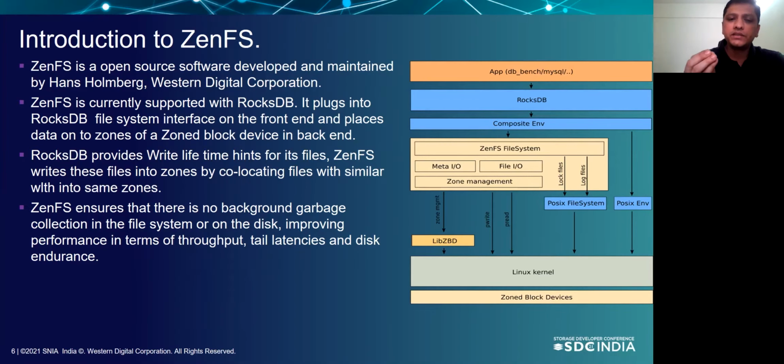The lifetime hints can be used to organize data based on its lifetime, how long this data is going to last. And ZenFS writes these files into zones by co-locating files with similar write lifetime hints into the same zones. So basically all the hot files, which have a lower lifetime, probably go into one zone, so that when all those files are deleted, the zone can be reset.